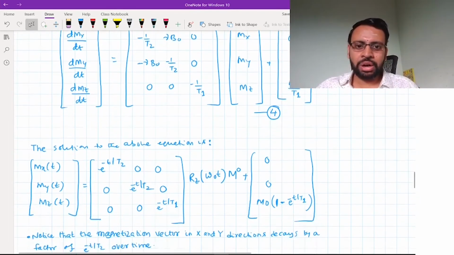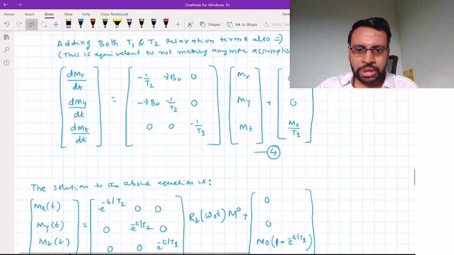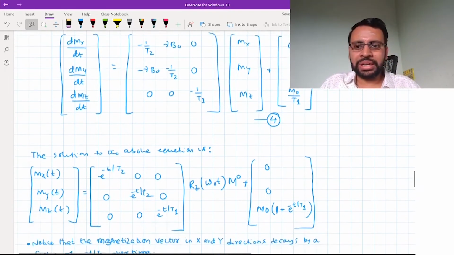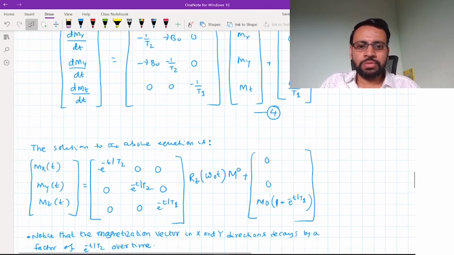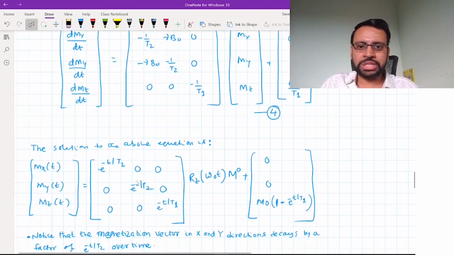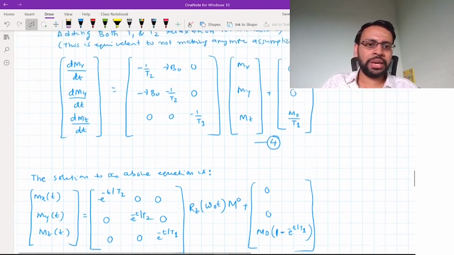So with that, how do you find the solution now? See, if you ignore these terms which are there diagonally, as well as these terms, you already have a solution. So this matrix you could in fact write as a multiplication of two matrices, and then you could solve them out, which would eventually give you, if you write it for mx, my, mz, a matrix that will have only diagonal elements with values e power minus t by T2, e power minus t by T2 and e power minus t by T1.